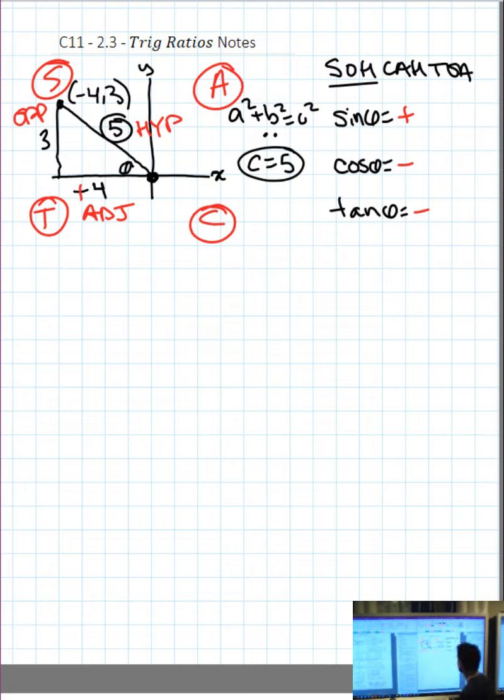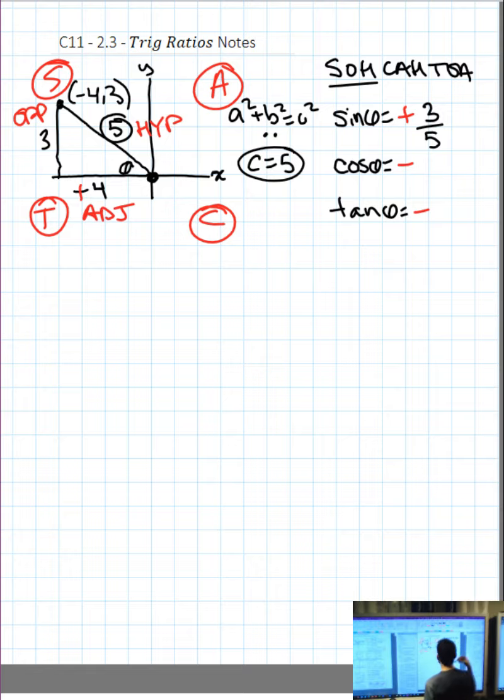It really helps so you don't have to do so many thought processes. We rarely do mnemonic devices. We've done FOIL back in grade 9 and we've done ASTC. So now that I've gotten the signs out of the way, I can simply substitute into the formulas. Again, sine theta from SOHCAHTOA is opposite over hypotenuse, which is 3 over 5.